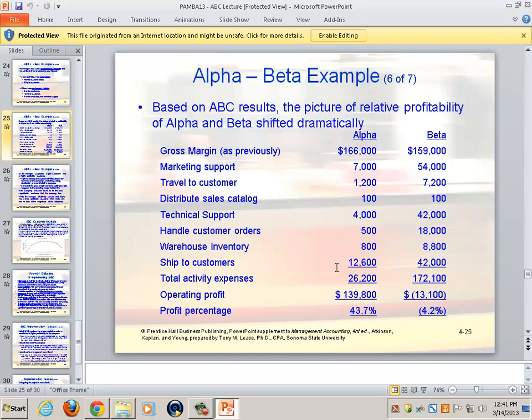And activity-based costing gives you the way to make, to improve your customer profitability.